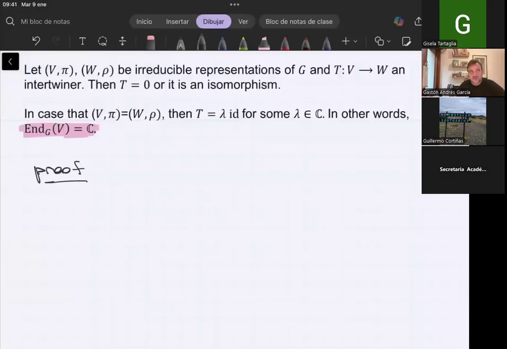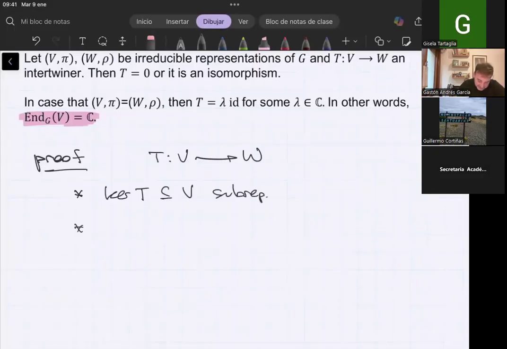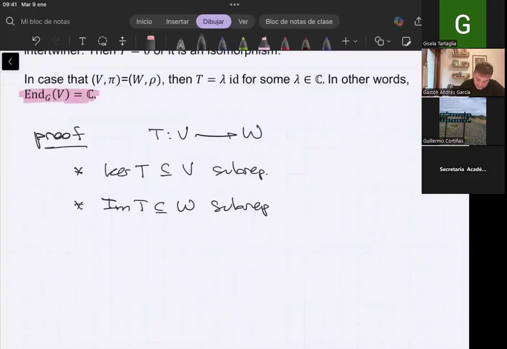So how do we do the proof? The proof is very nice, easy and short. Let's take an intertwiner T between V and W. What I told you before is that the kernel of T is a sub-representation, and the image of T is a sub-representation of W. But the representations are irreducible, so we do not have too many options.